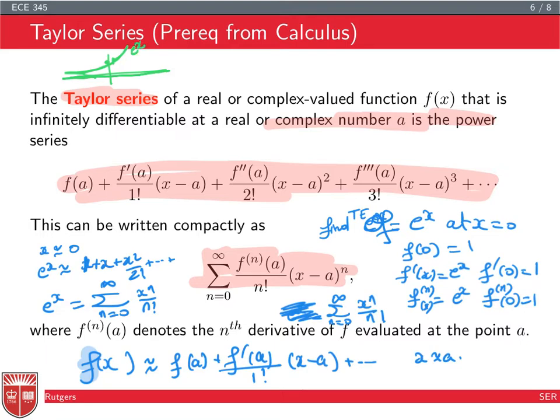Now what you're trying to do is approximate e of x around x equal to 0. This is what you're doing when you say I'm finding the Taylor expansion. So you know that at x equal to 0, f of x is equal to 1. Now the question is, what if x is close to 0?